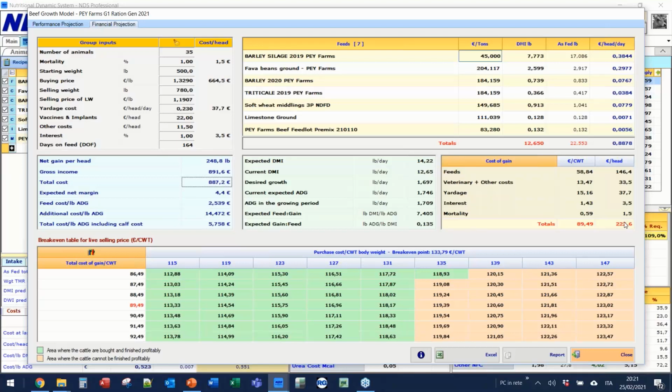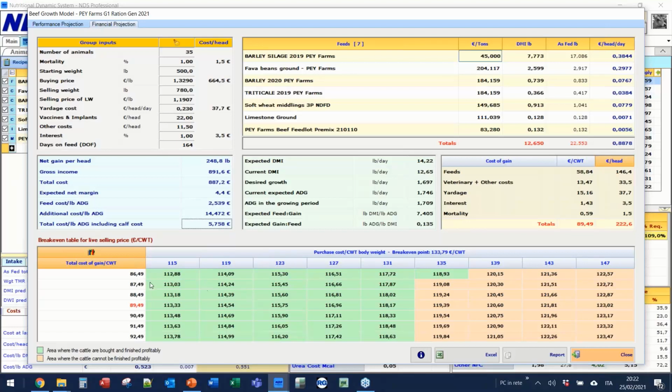So we included the total cost of the growth period, but also the cost we had buying these animals. This is the expected net margin, not a lot, but this is what we get. The feed cost per pound of gain, the additional cost per pound of gain, and the total cost, including the calf cost.